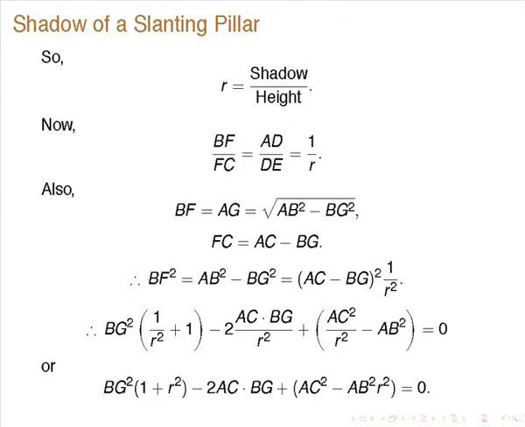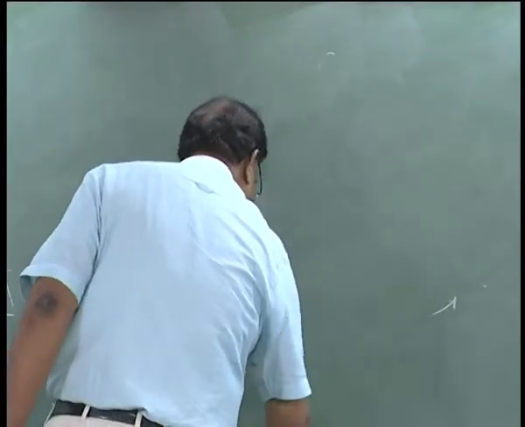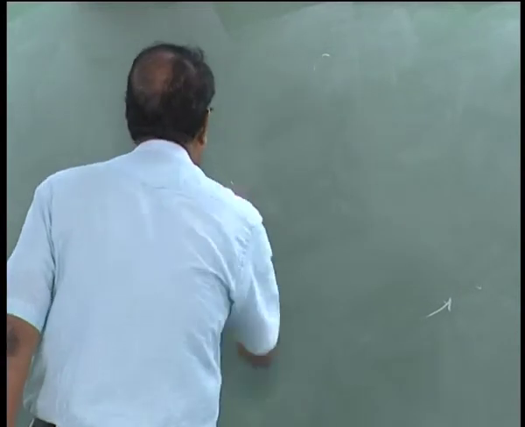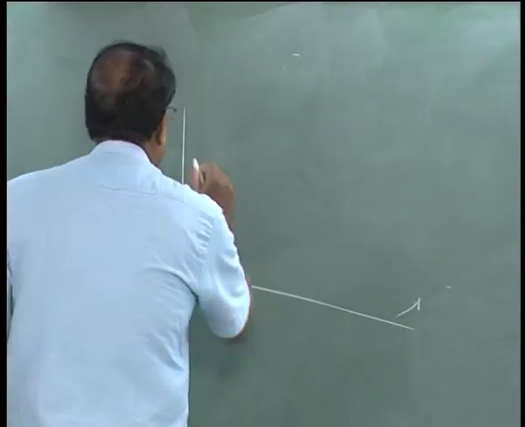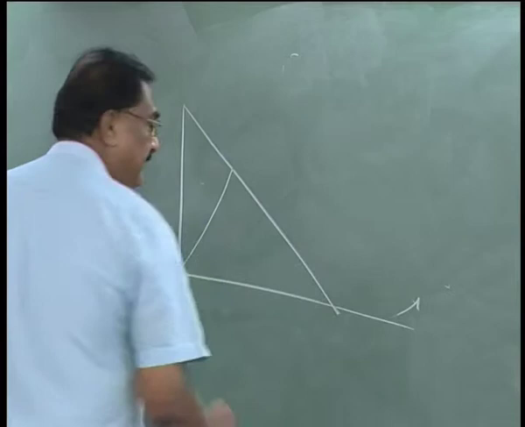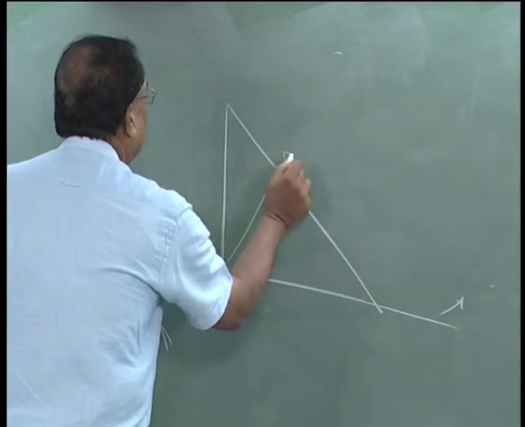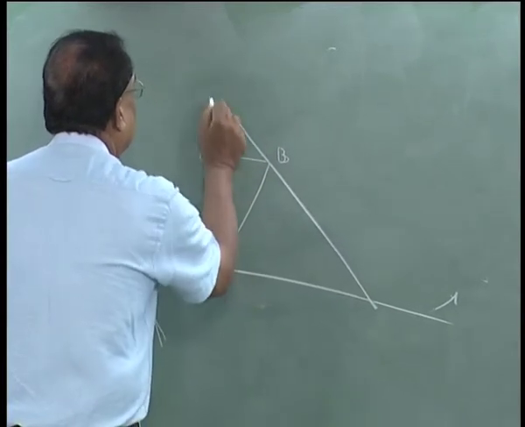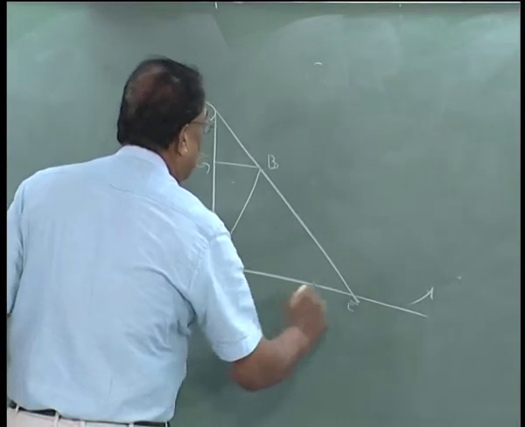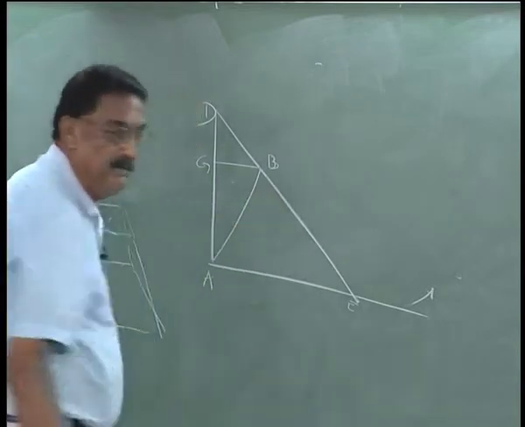Suppose it is slanting. So this is A, this is your B, this is your G, this is your D, this is your E, and AC.